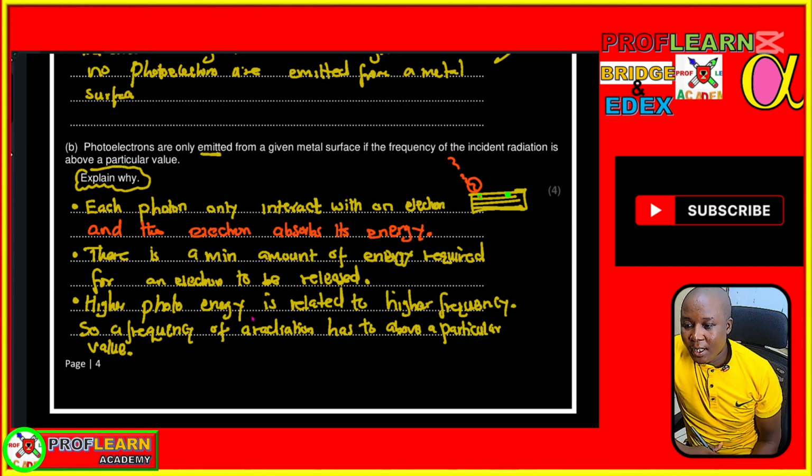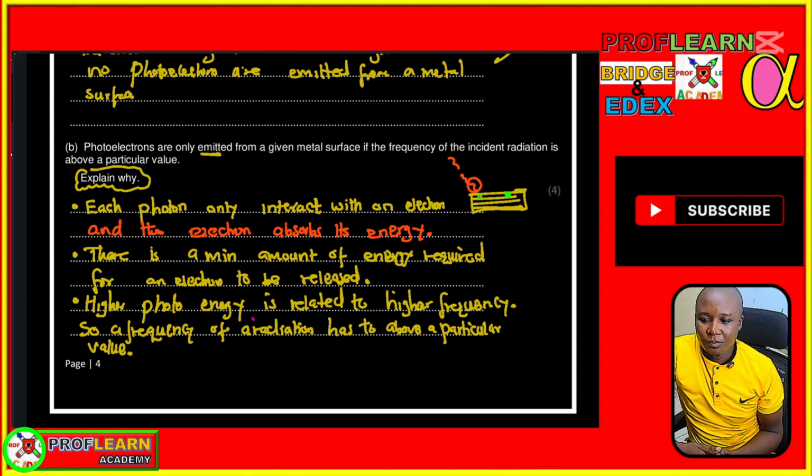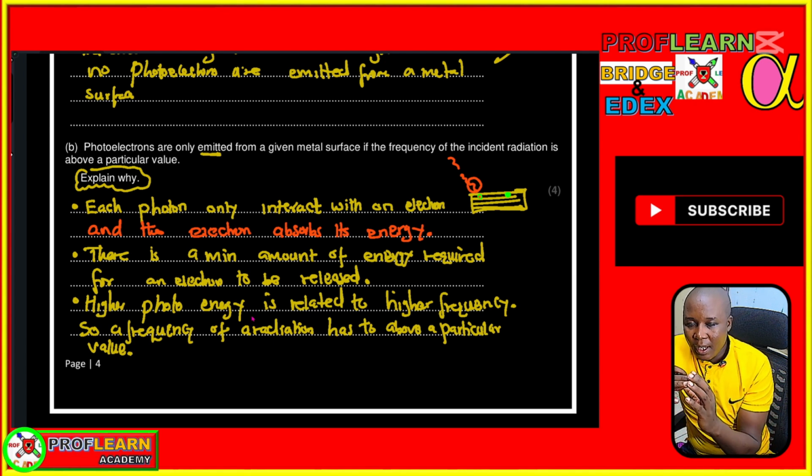Photoelectrons are only emitted from a given metal surface if the frequency of the incident radiation is above a particular value. We are supposed to explain why that is the case. We need to understand that each photon only interacts with one electron, and the electron absorbs the energy of the photon.